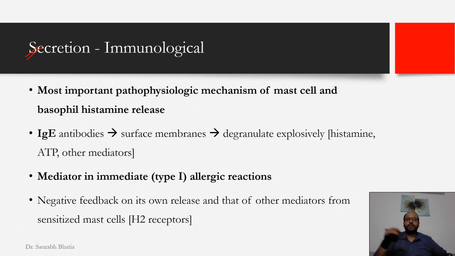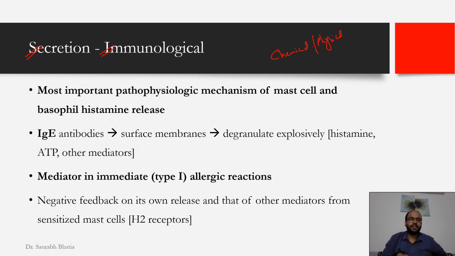So we have understood the physical properties of histamine. Now we'll see how it is secreted. Okay, so there are two methods which lead to histamine secretion. One is immunological, the second one is chemical or physical. Or you can say there are three methods: immunological, chemical, physical.